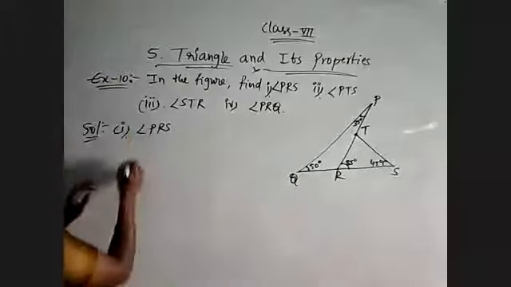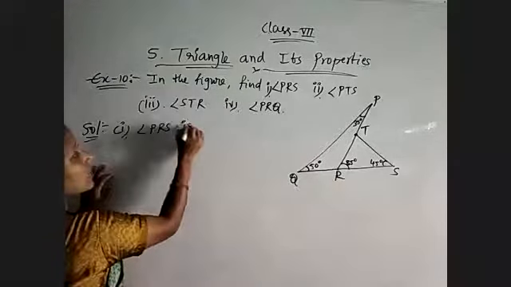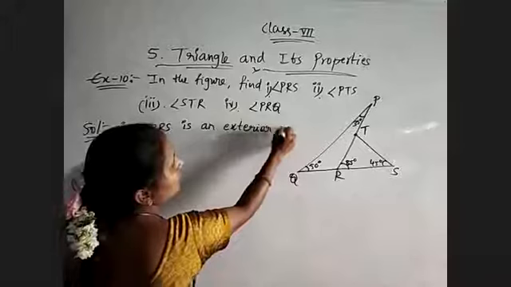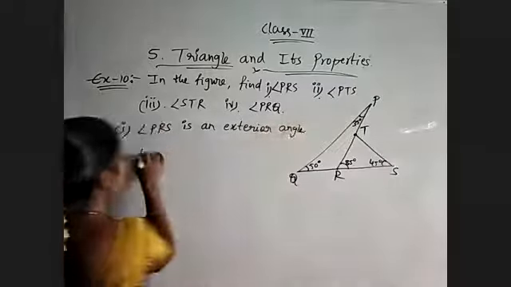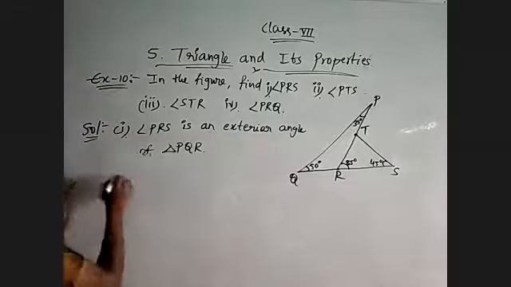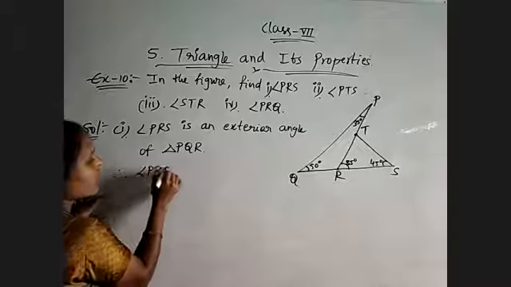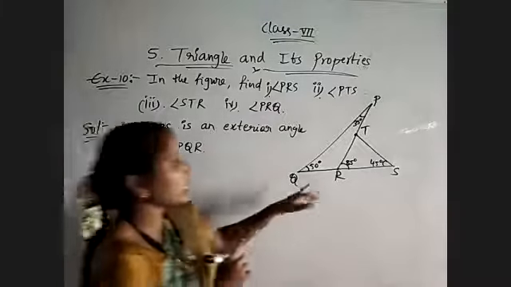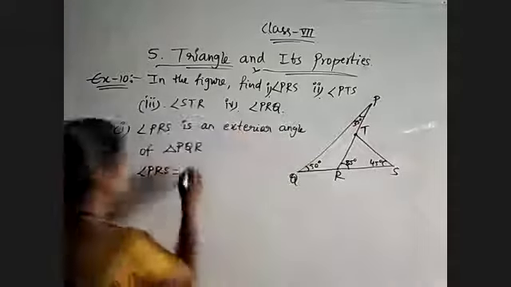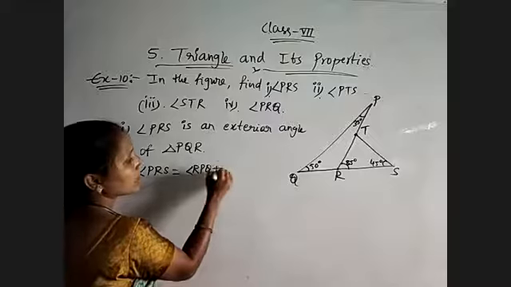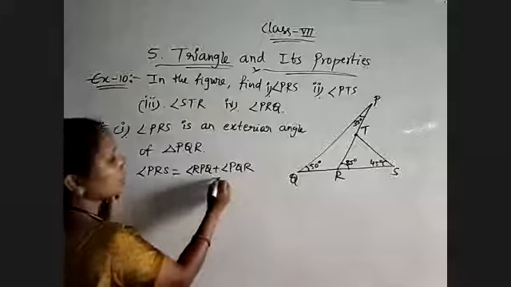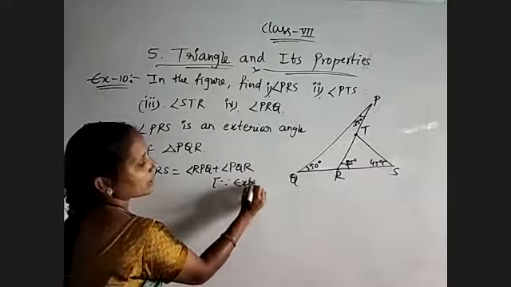Okay. So from the figure, PRS is an exterior angle of triangle PQR. Therefore, angle PRS will be equal to the sum of two opposite interior angles, that is RPQ plus PQR, angle P plus angle Q, since from the exterior angle property.